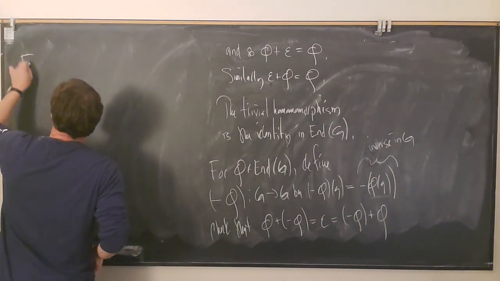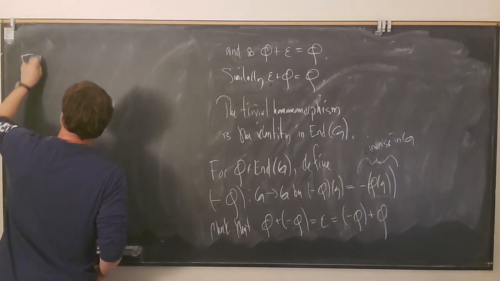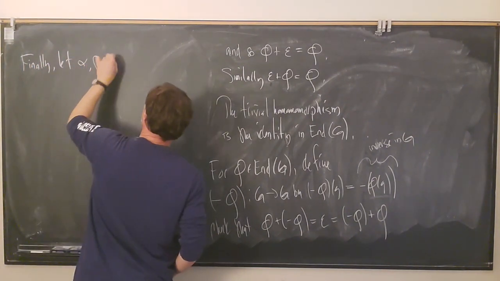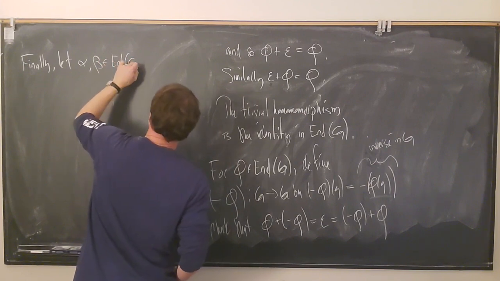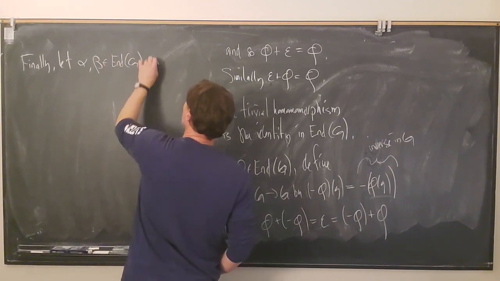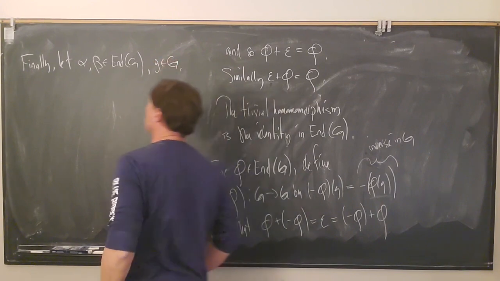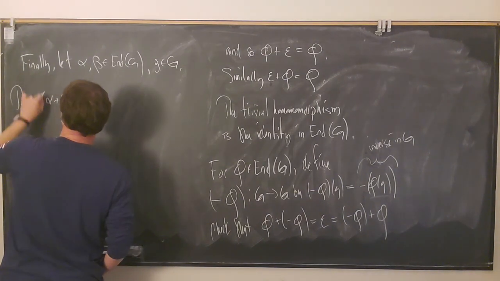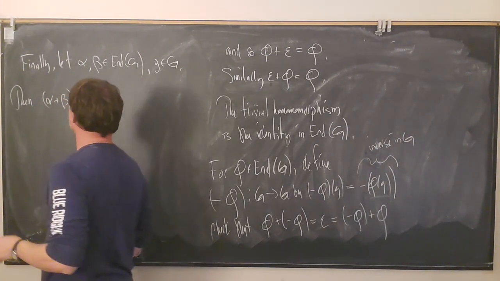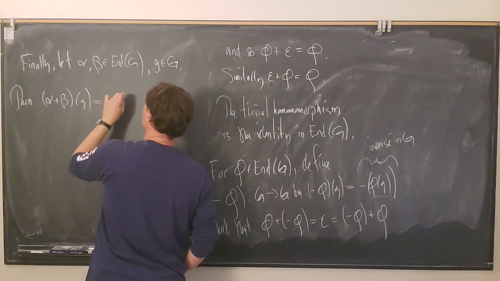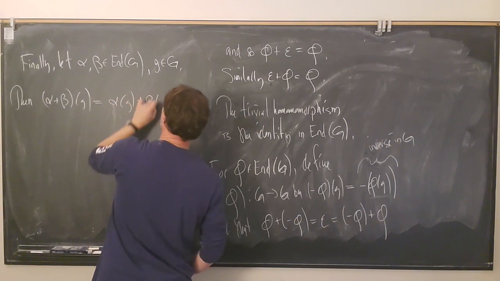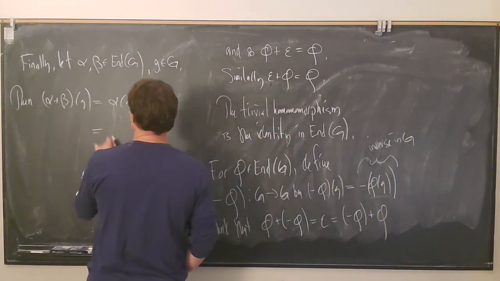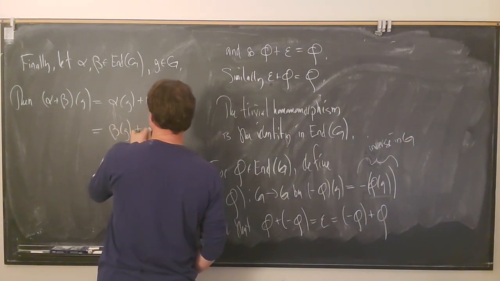So finally, let alpha and beta be in End G and little g in capital G. Then alpha plus beta of little g, by definition, is alpha of g plus beta of g, which is equal to beta of g plus alpha of g.